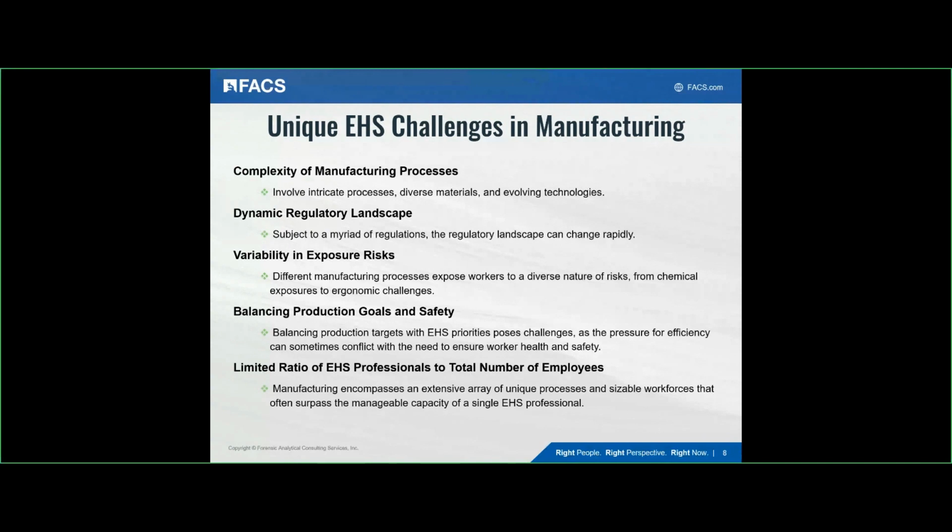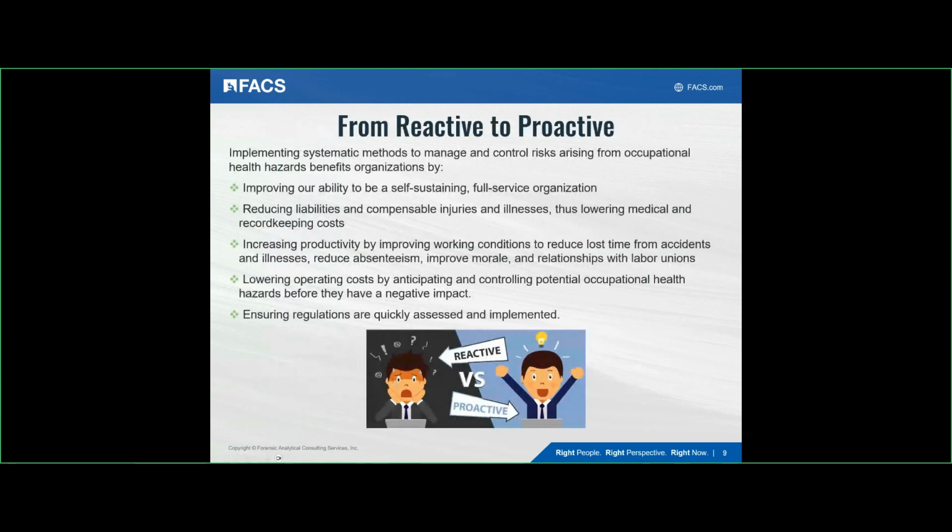a well-designed industrial hygiene program can be used in any manufacturing environment. Doesn't matter what you make, doesn't matter the size or complexity of the organization or the processes that you face. So all those challenges can often leave you feeling stuck in the more reactive mode instead of a proactive one.